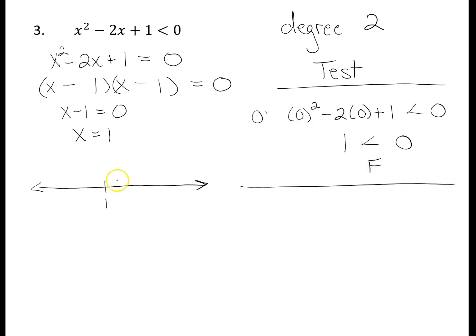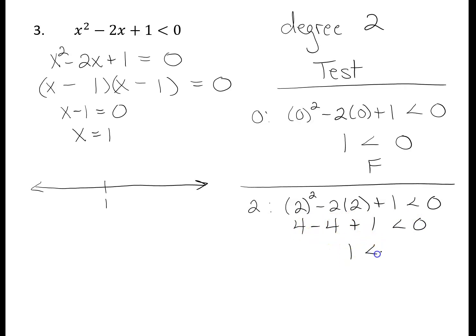Let's find the right side. We're going to pick a value to the right of 1. So I'm going to take 2. Back to my original. Plug in 2 for each x. Work that out. 4 minus 4 plus 1 is 4 minus 4 is 0. 0 plus 1 is 1.